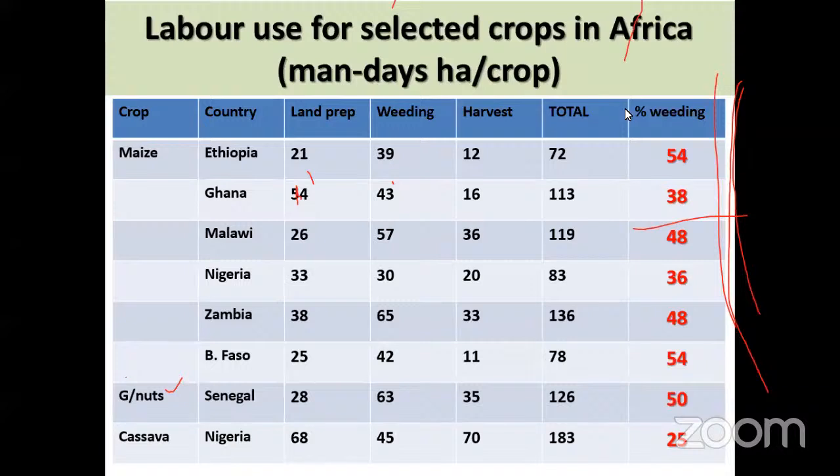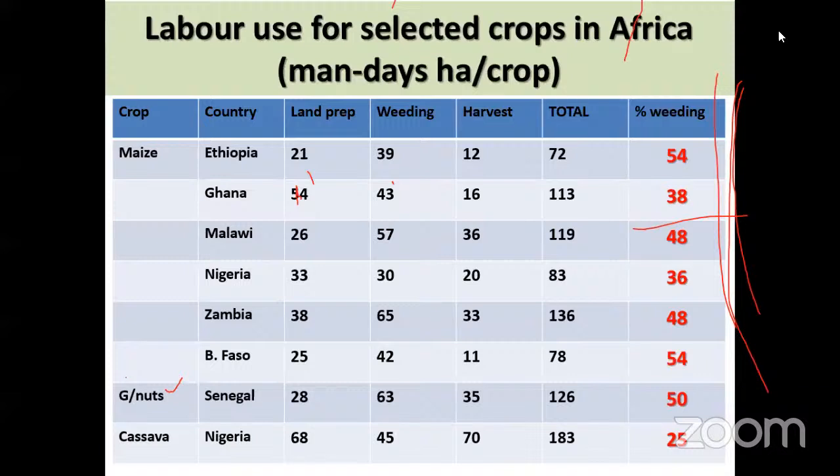Okay, so let me continue. Like I was trying to illustrate here, you notice that to grow a crop, a certain number of hours will be spent on land preparation, a certain number of hours on weeding, harvesting, and let's say you spend 72 hours on that. You notice that for maize in this country, up to 54% of the hours spent on crop production are spent on weeding, which tells you how much effort is needed to do that weeding.